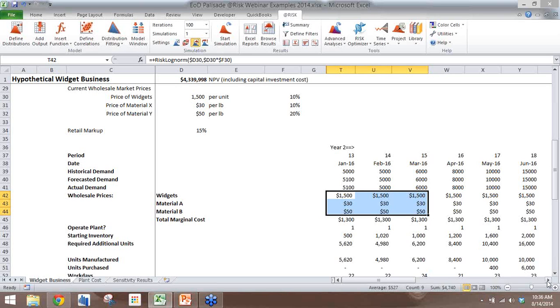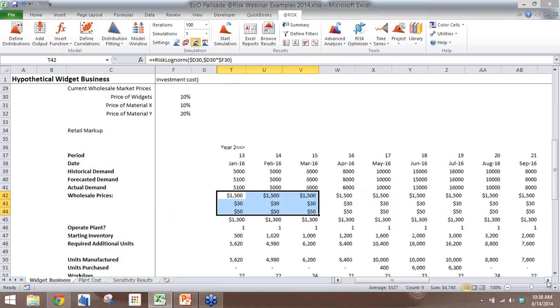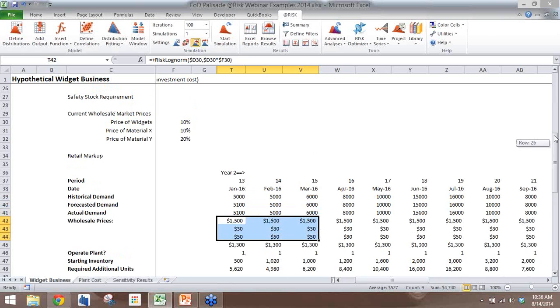Now, what I'm also going to do is let's assume that I believe these distributions are correlated. So right now, the default in @RISK is that when you specify each individual distribution, those distributions are uncorrelated. So what I'm going to do here is select these inputs. I'm going to select my Define Correlations button.